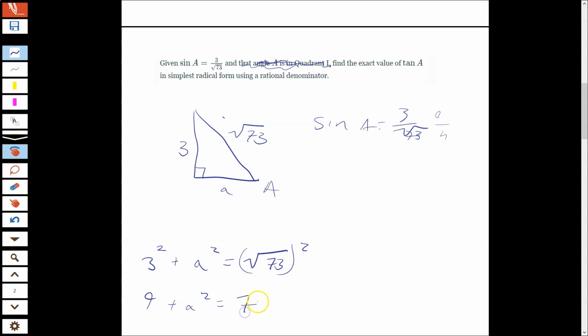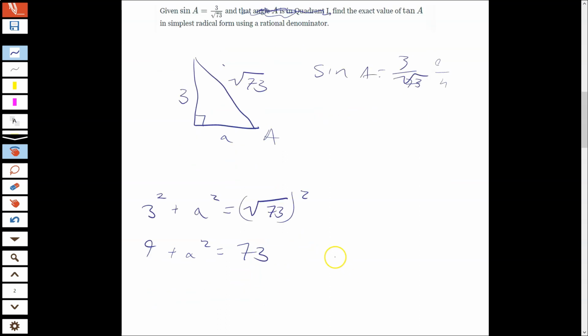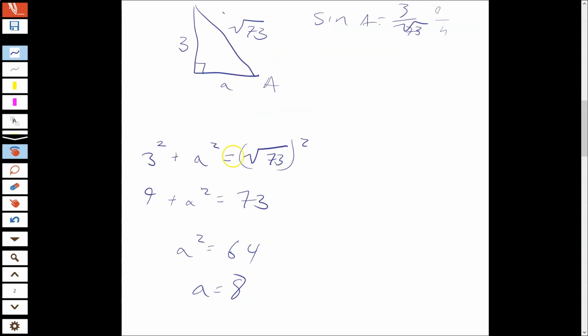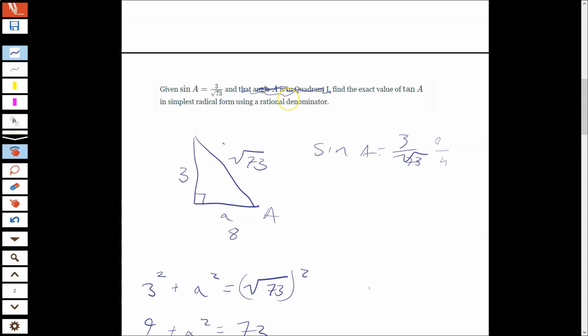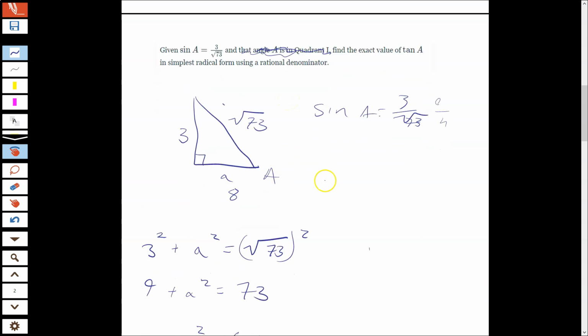Okay, so you don't have to do anything with that other than drop the square root. Alright, that worked out nicely. So A is 8. And then if we want, let's go back up and figure out what we're looking for. We want tangent of A. So tangent of A equals opposite over adjacent, which is 3 over 8.